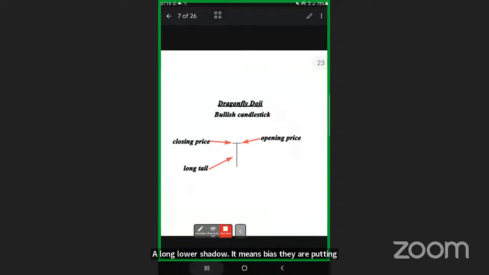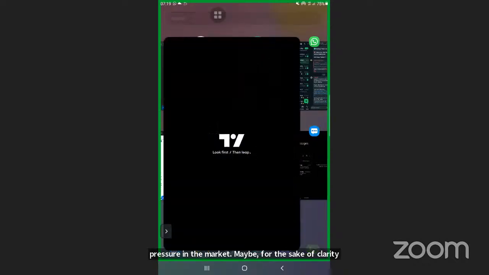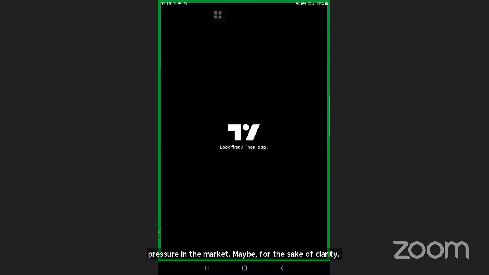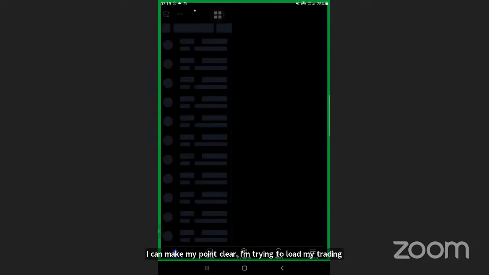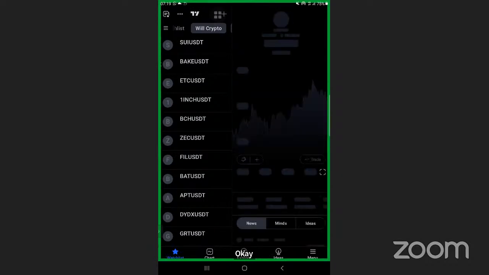Maybe for the sake of clarity, let me come here so that I can make my point clear. I'm trying to load my TradingView so that you are able to see exactly what I am talking about when I'm talking of longer lower shadows. What am I trying to say? All right, just a moment.